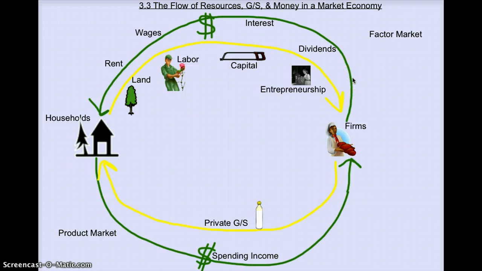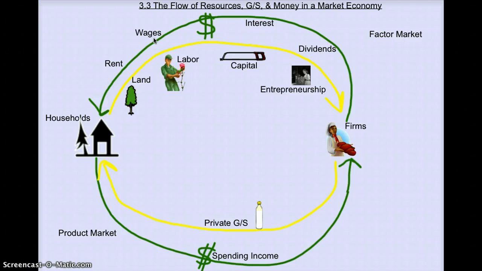Let me explain. A household might rent or sell their land to a firm in exchange for rent. Or members of a household might sell their labor to a firm for wages.